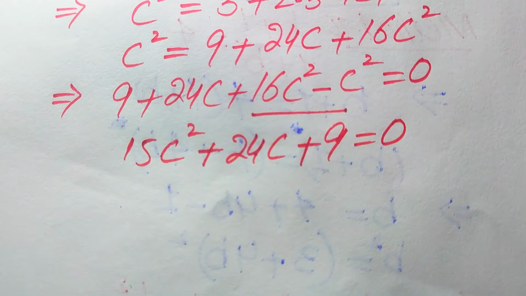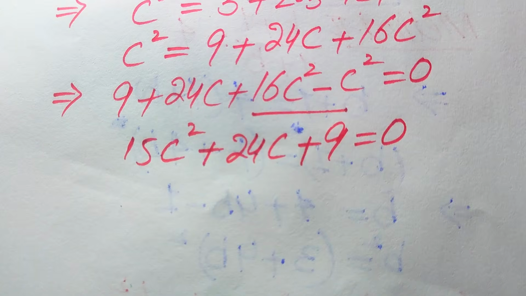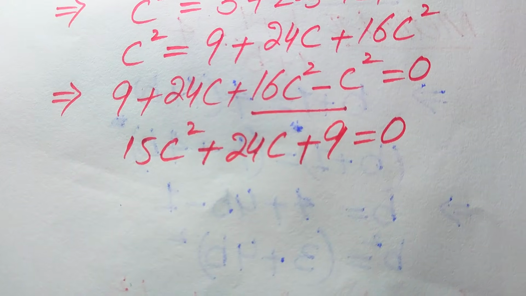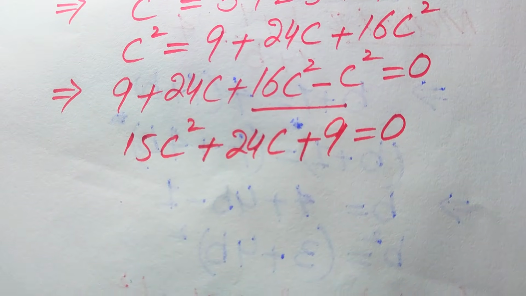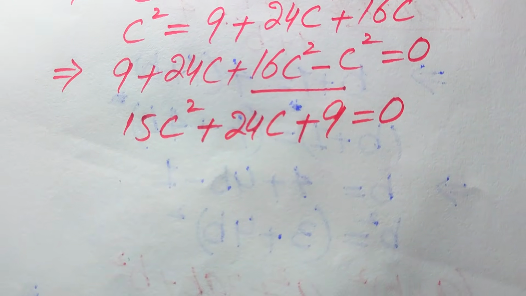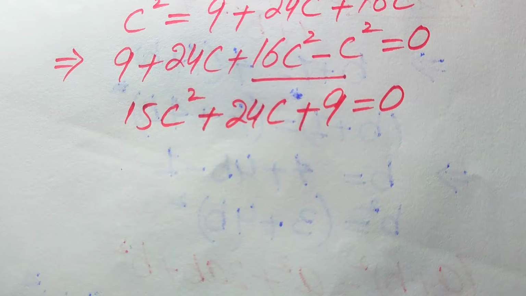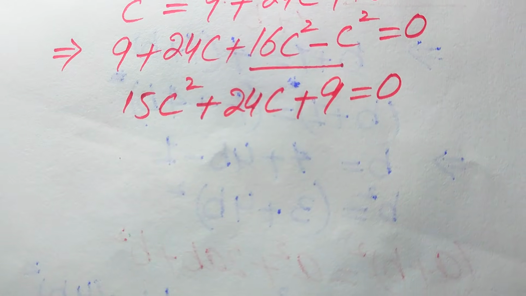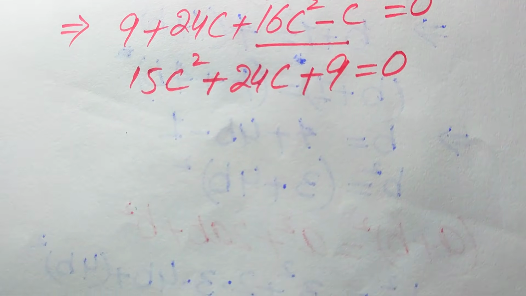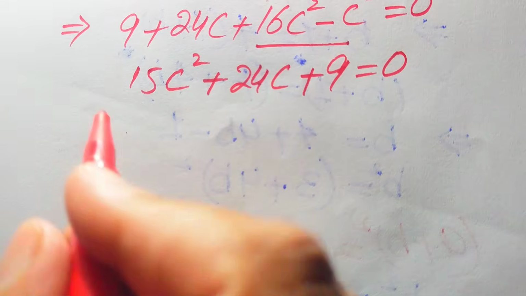So after a little bit of simplification we get our given equation into quadratic form. Now you know that there are three methods to solve a quadratic equation. The first is the factorization method, the second is completing the square, and the third is applying the quadratic formula.